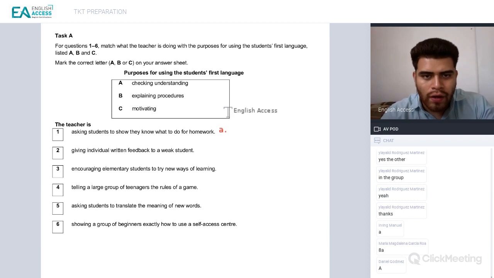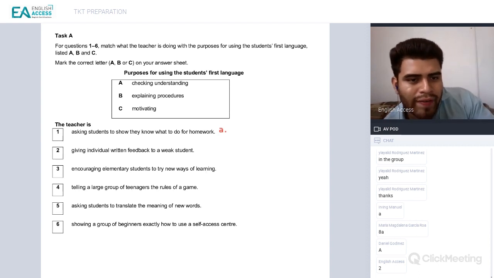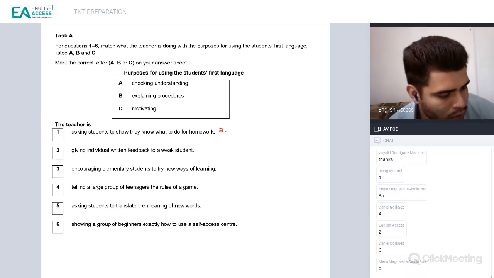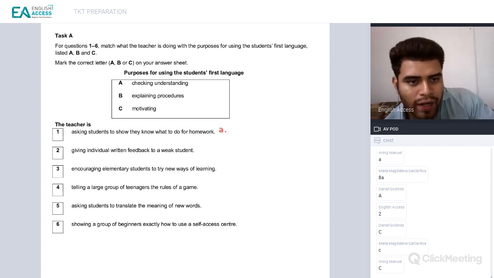A. Number two, the teacher is giving individual reading feedback to a weak student. That is C.